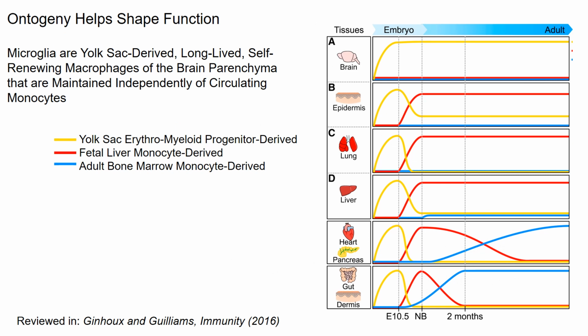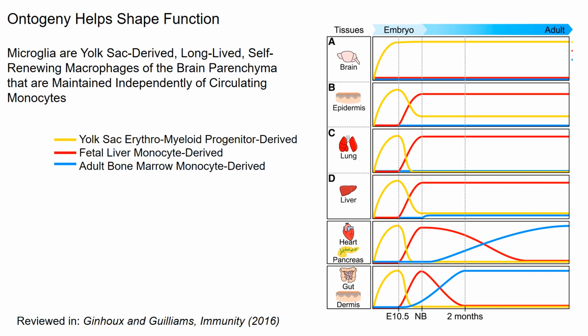Recent breakthroughs have demonstrated that the ontogenies of macrophages in different organs come from very distinct origins. So, for example, in the brain, microglia are derived from yolk sac erythromyeloid progenitors.